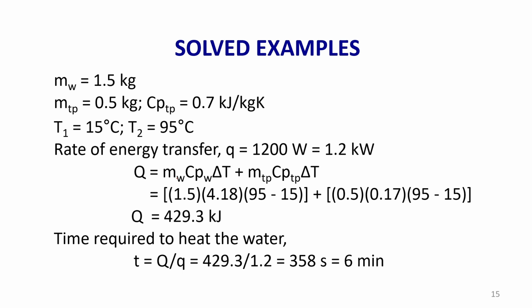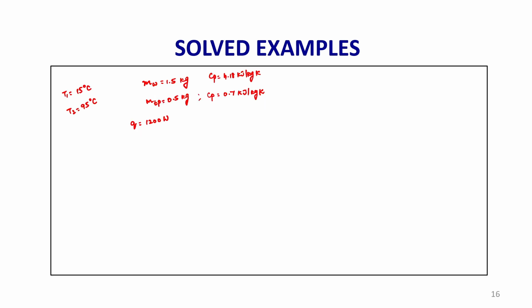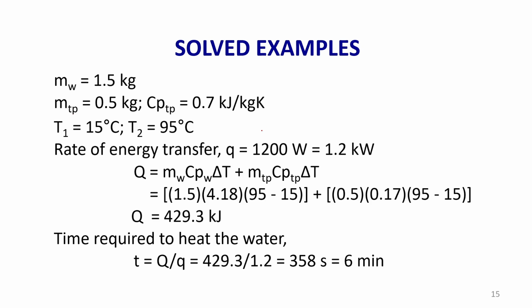mCp delta T. So, here Q is equal to mass of water, Cp of water into delta T of water plus mass of the teapot, Cp of teapot into delta T. Of course, delta T is the same because the water is contained in the teapot.